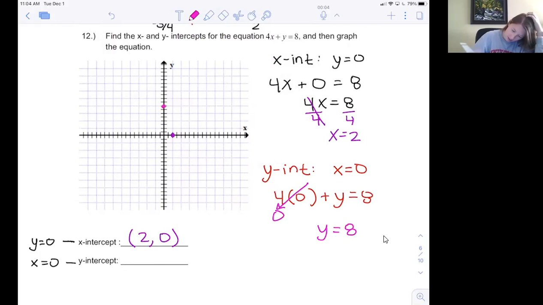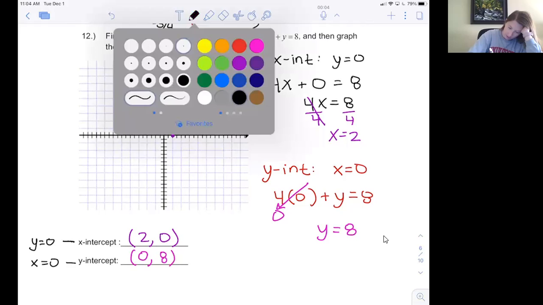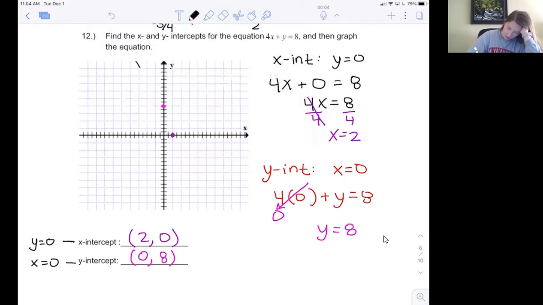Okay, so my y-intercept is (0, 8). And then I'm just drawing a line in between them. Oops, that's crooked. Well, you just might have to get the point. Something like that, okay? That's my line.